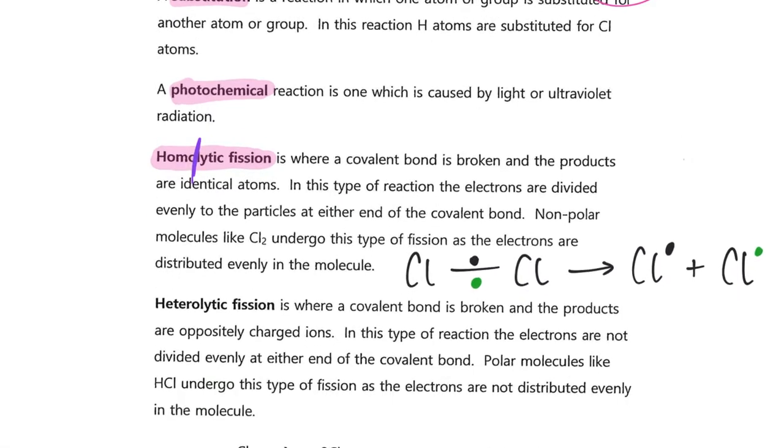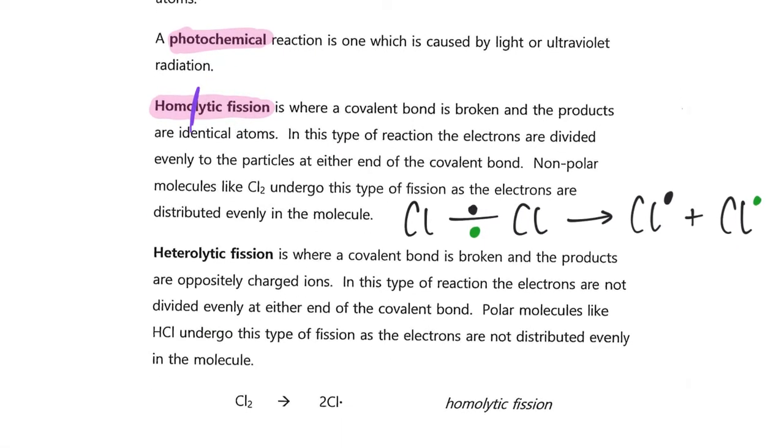Just to introduce you to this term, heterolytic fission does not happen in this type of reaction, but it is useful to compare homolytic fission with heterolytic fission, because that's what we would normally see when a bond breaks. This is what we would be more familiar with. Heterolytic fission is when a covalent bond is broken and the products end up being oppositely charged ions.